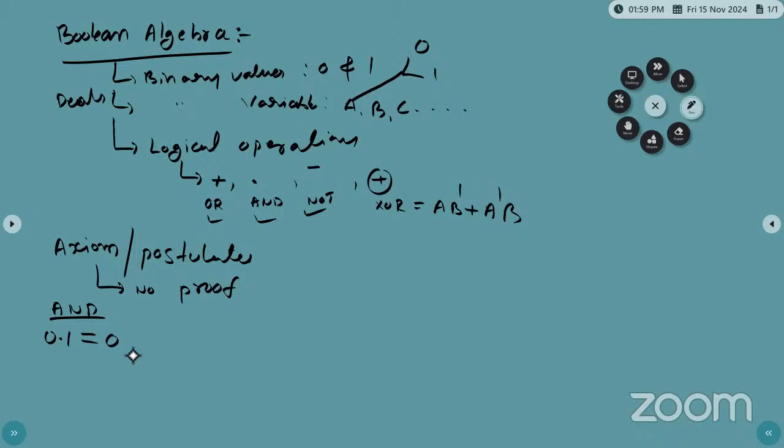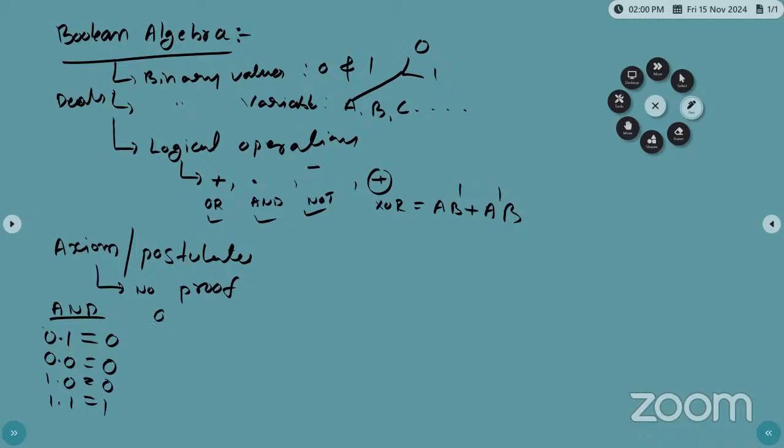Based on that statement, we draw the truth table for the AND operation, and from that truth table we derive this. So the proof is not required. And 0.0 is 0, 0.1 is 0, 1.0 is 0, 1.1 is 1. These are axiom 1, axiom 2, axiom 3, axiom 4.